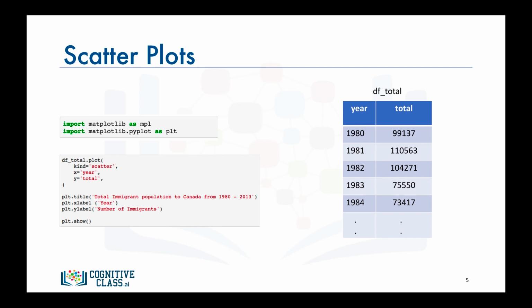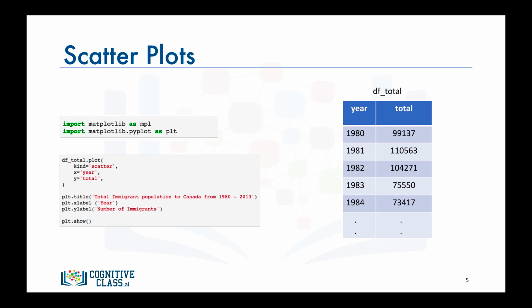Now, unlike the other data visualization tools, where only passing the kind parameter was enough to generate the plot, with scatter plots, we also need to pass the variable to be plotted on the horizontal axis as the x parameter and the variable to be plotted on the vertical axis as the y parameter. In this case, we're passing column year as the x parameter and column total as the y parameter.